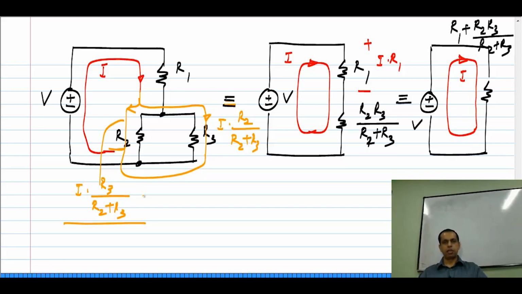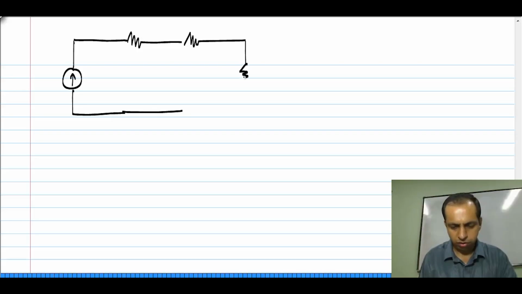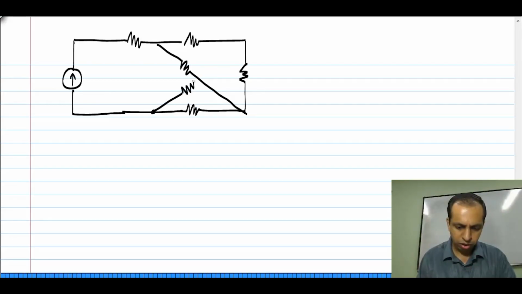Okay. Now, this works for many circuits which have a single independent voltage source, but things can get messy if you have, let us say, things like this.